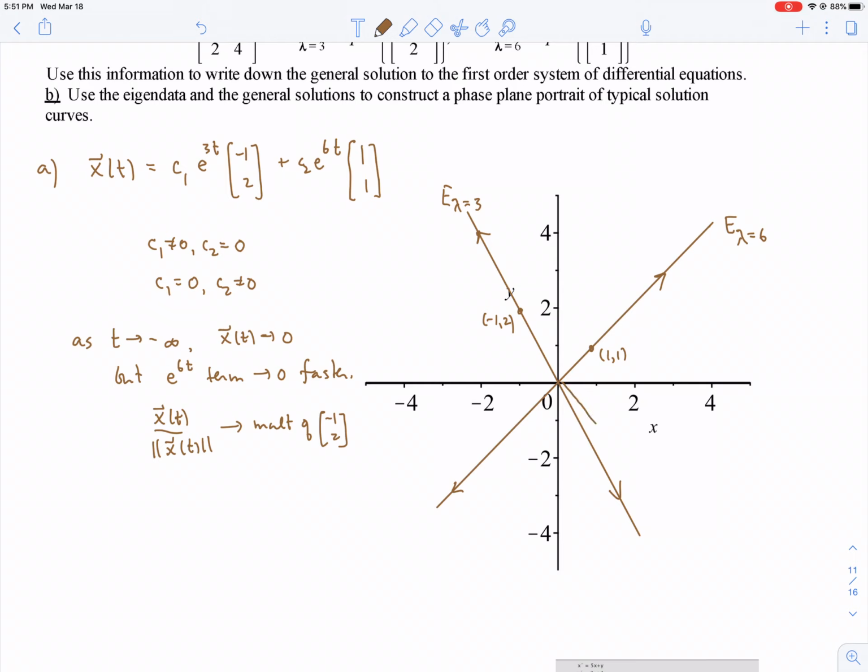So something like that. So I'm drawing different solutions in each quadrant. So, oops, this is S. T goes to minus infinity, so I'm going backwards compared to the arrows.